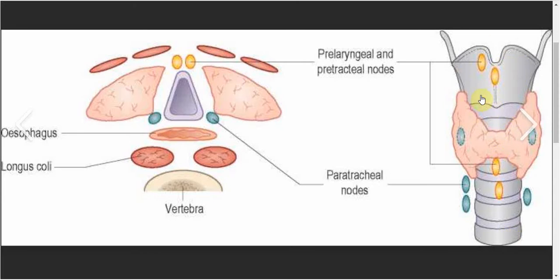So this is the pre-laryngeal lymph node and this is the pre-tracheal lymph node. And these are the para-tracheal lymph nodes because they're on either side of the trachea. So pre-laryngeal, pre-tracheal lymph nodes in yellow, the para-tracheal lymph nodes in blue, and we also have the retropharyngeal lymph nodes.